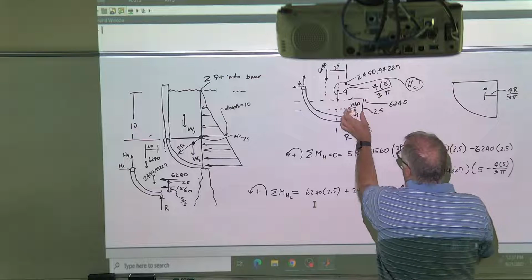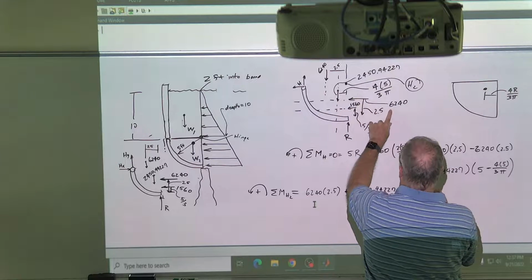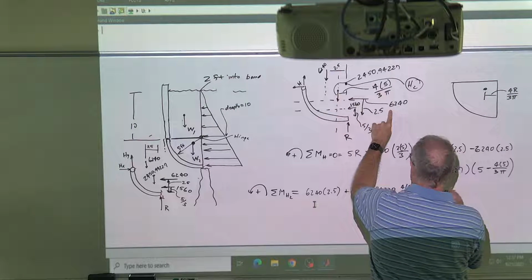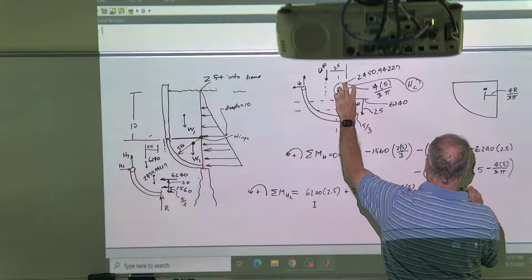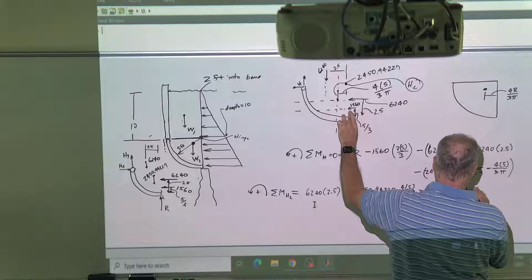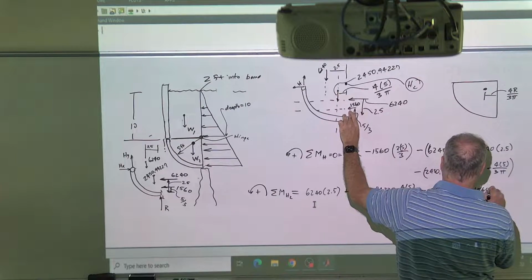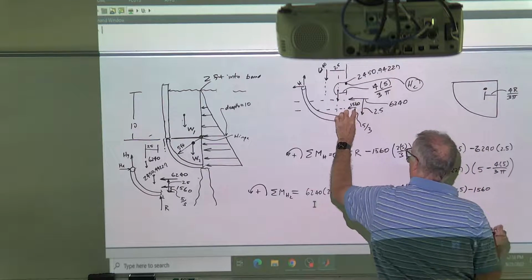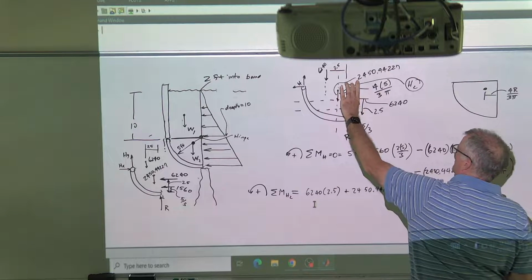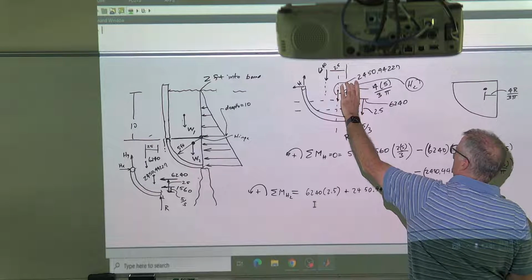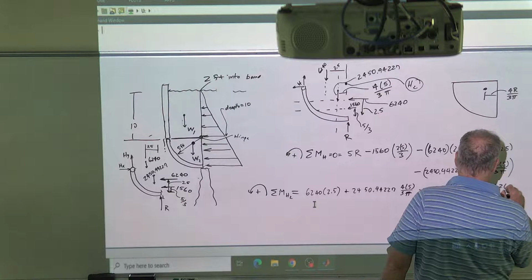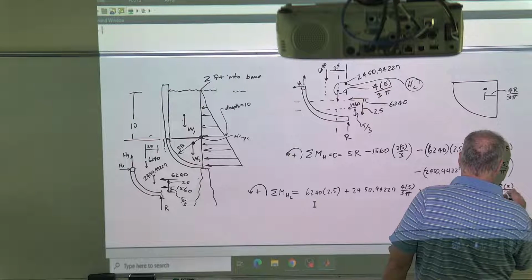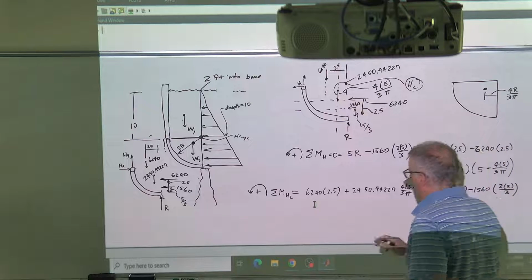Then I get the two negative ones, negative 6240, and its moment arm is 2.5, and then you get the 1560 times its moment arm, which is that distance, or 2 times 5/3.